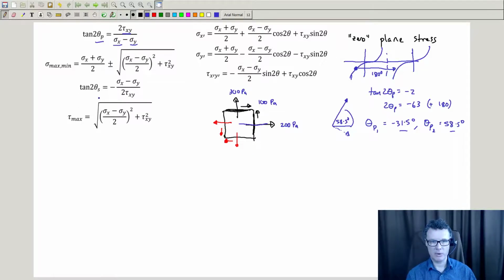pulling things apart. What's this useful for? This one here. So this is referring to the angle of maximum shear, and that's useful for when you're tearing things apart. So fracture mechanics, fatigue mechanics, these are normally things which get torn apart, and we would like to know what direction that occurs in.